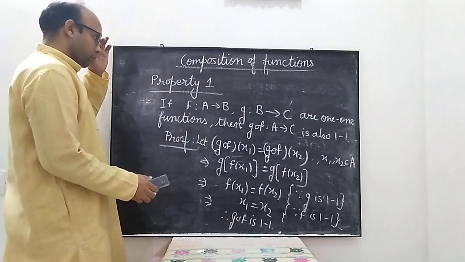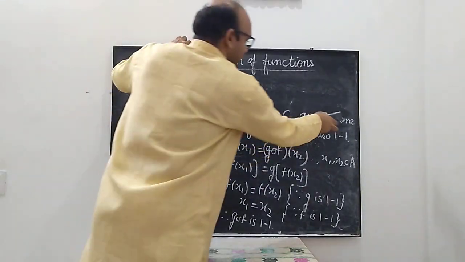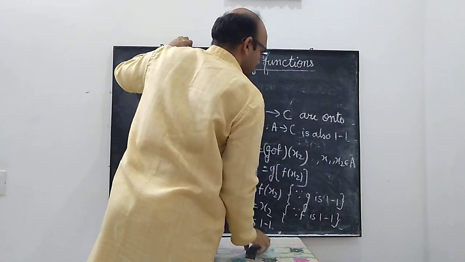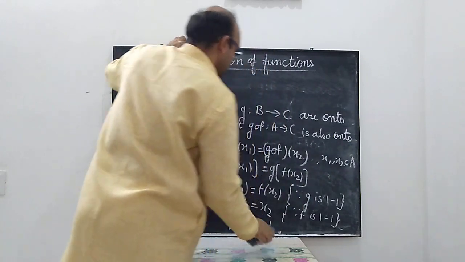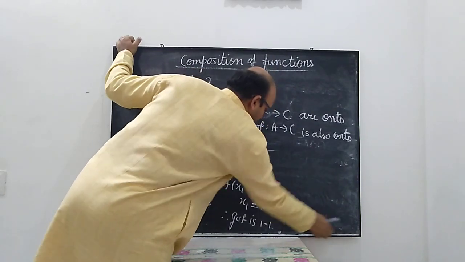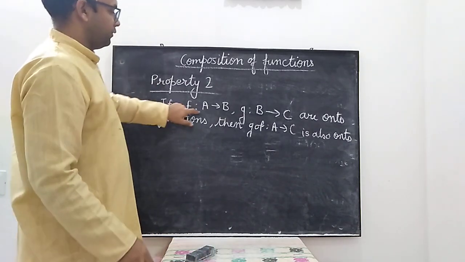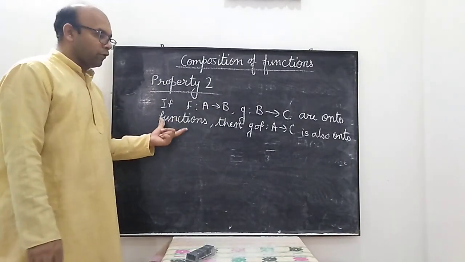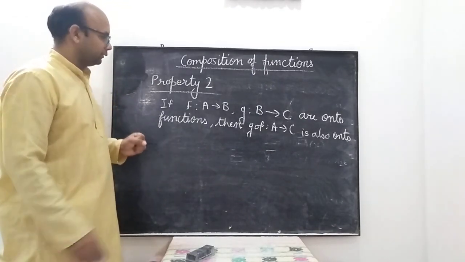Now we move on to the second property, property 2, and now we are dealing with onto functions. The property is that f is a function from A to B and g is a function defined from B to C. If these two are onto functions, then their composition gof is also an onto function.